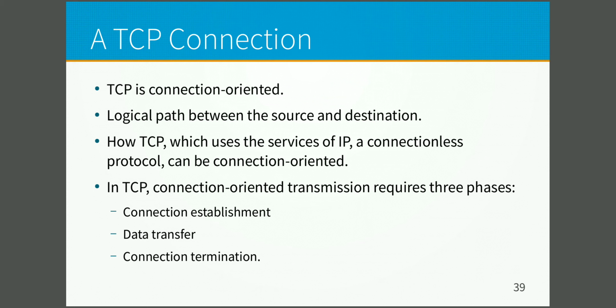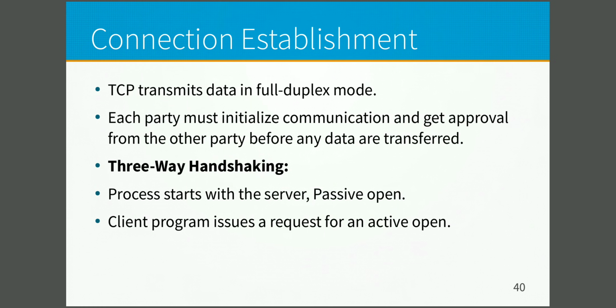TCP, which is a connection oriented transmission, requires three phases, namely the connection establishment phase, where a connection is set up, followed by the data transfer, and after the data is transferred, we have a connection termination phase. We will look into all three stages one at a time.